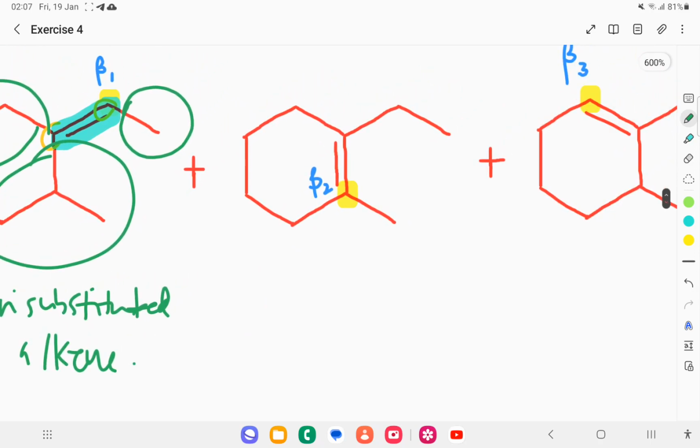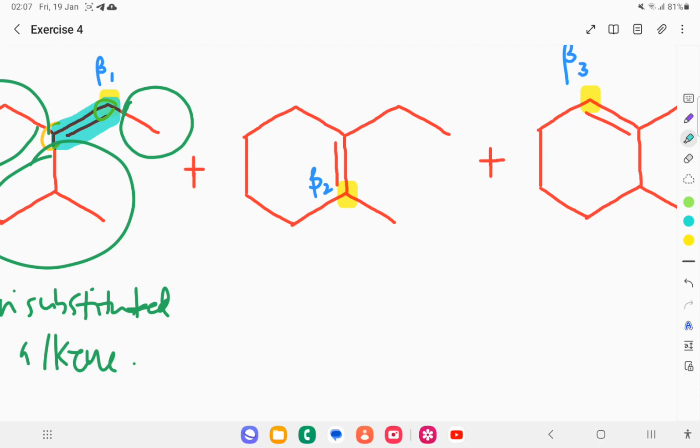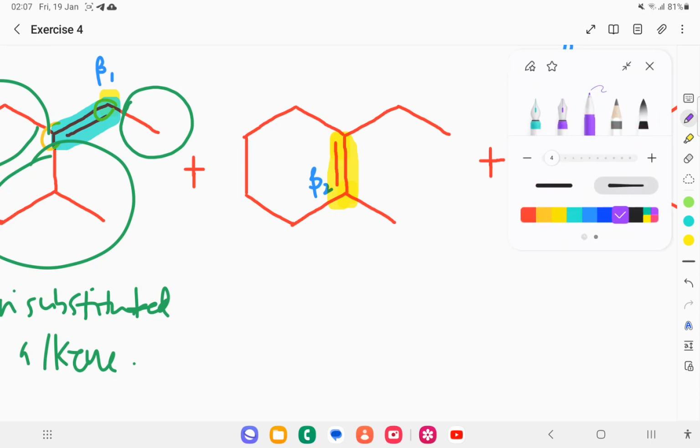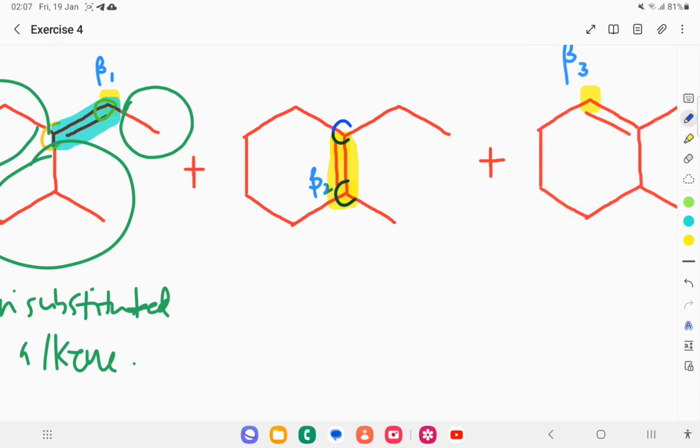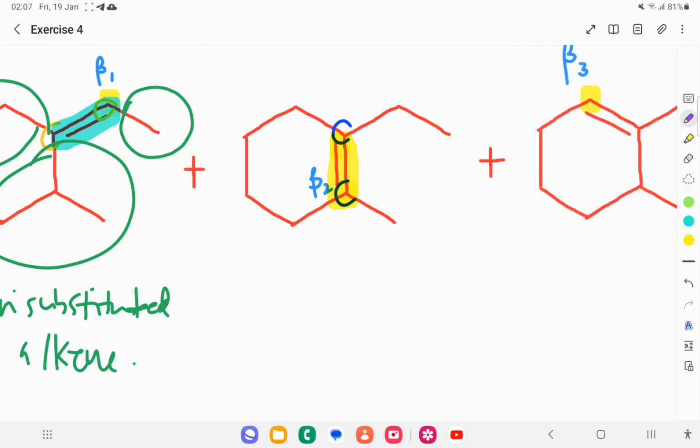For the second alkene I will use purple color. We highlight the carbon-carbon double bond, which is the functional group of alkene, and then we look at how many alkyl groups are bonded to it.